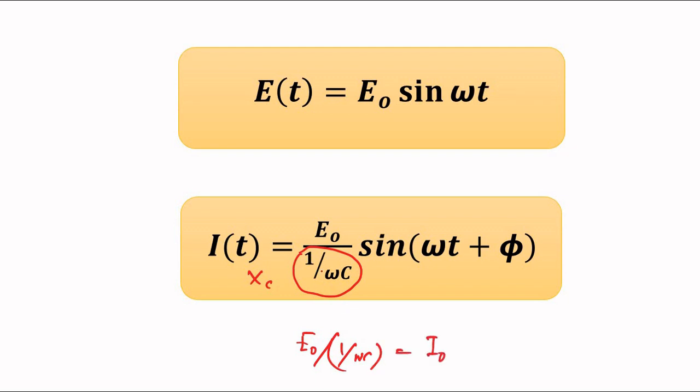And here the phase angle difference is phi, which is greater than 0 degree but less than minus 90 degree, in between 0 and 90 degrees. And these are some of the concepts.